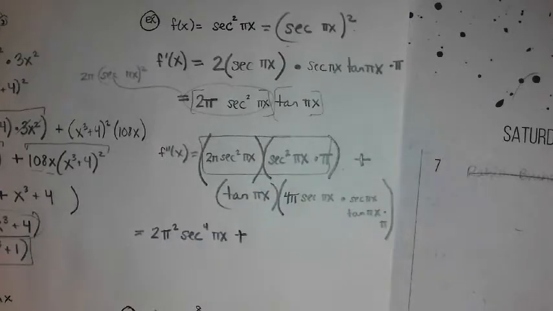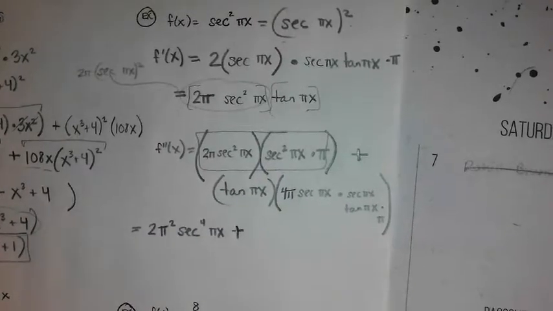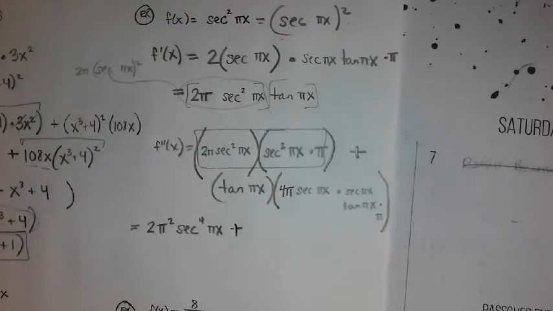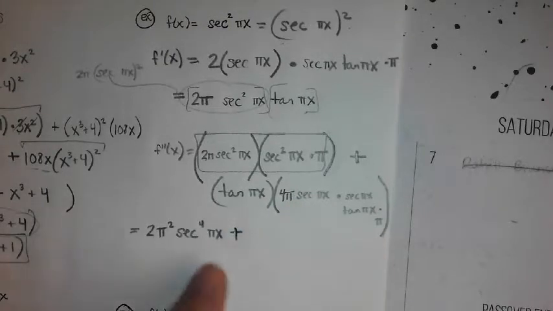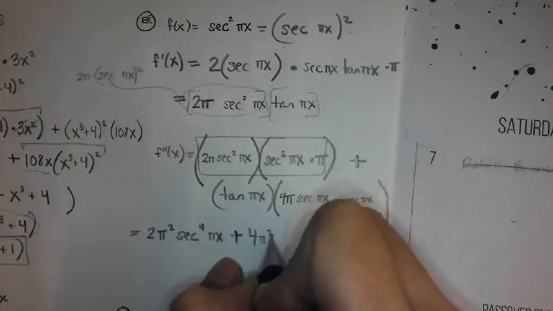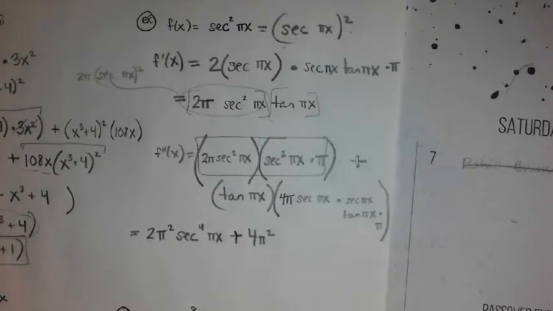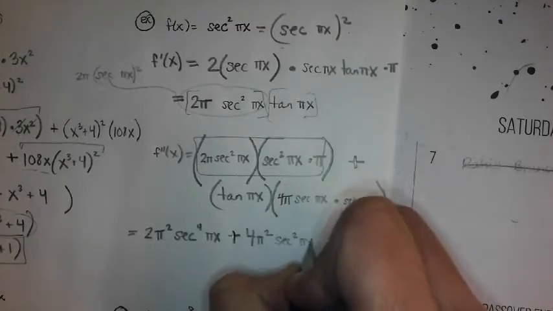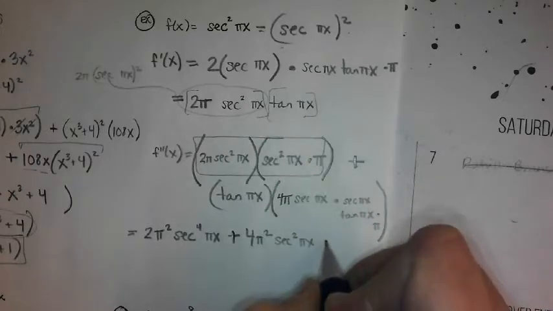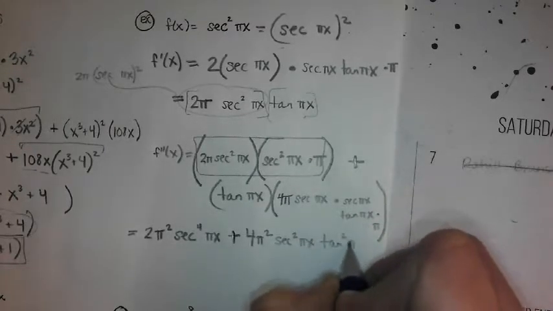There's my big plus sign. On the next one, as far as monomials out in front, I have a 4 and a pi and another pi, so that's 4 pi squared. I have a secant times a secant, so that's going to make a secant squared. And I have a tangent times a tangent, which is going to make a tangent squared.